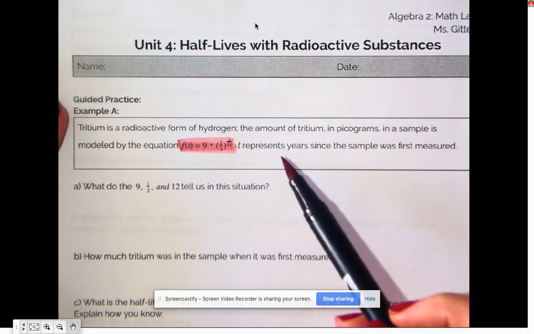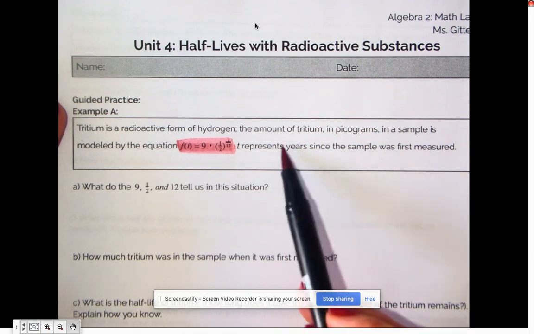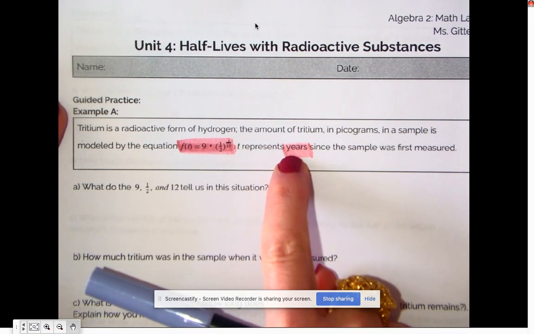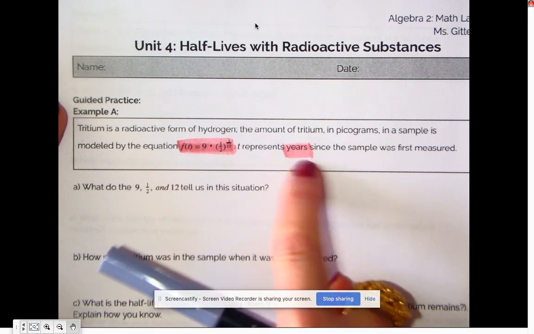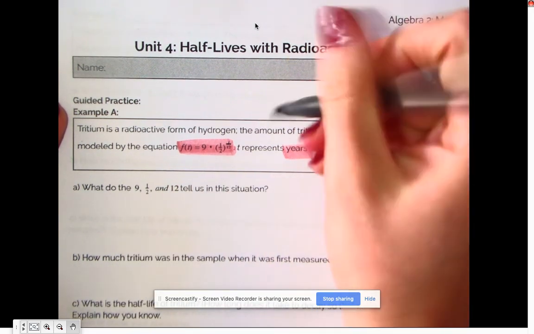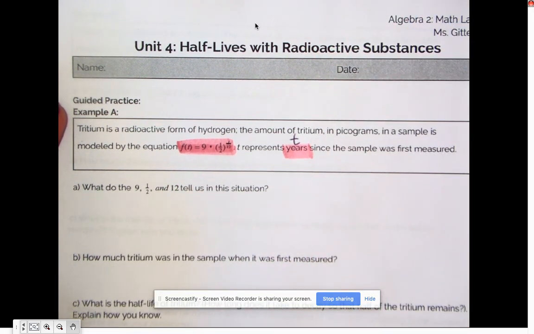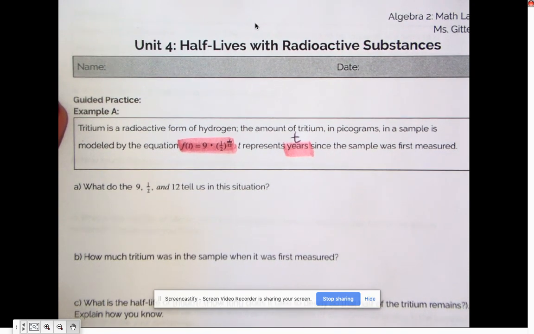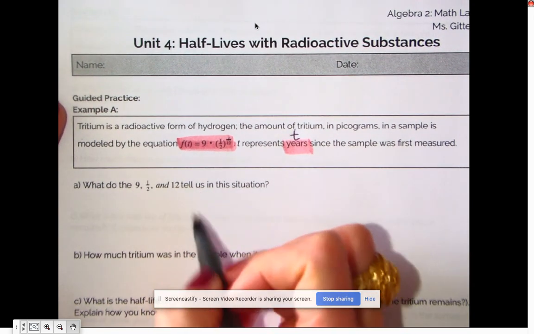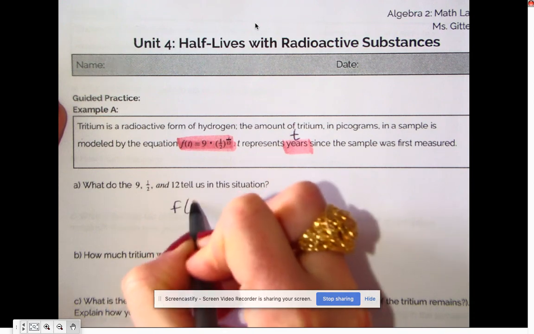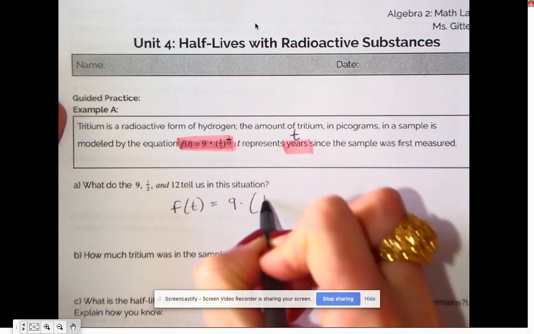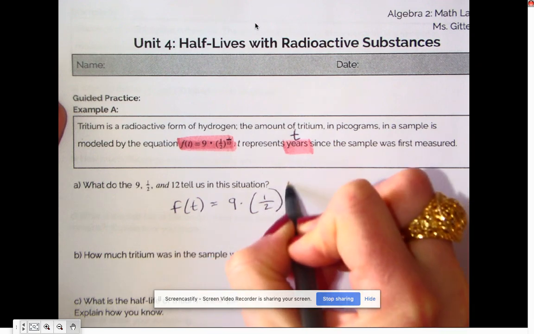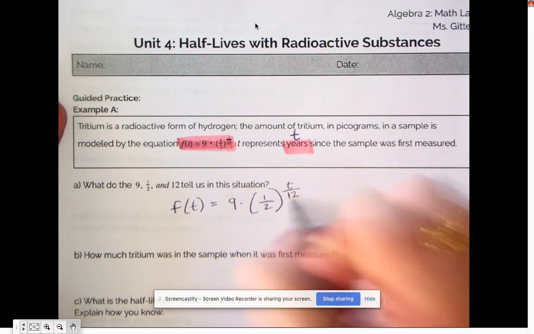T represents years since the sample was first measured. So it's always good to realize what the unit is of your input. So in this case, I'm like, okay, T represents years. Okay, so what do the 9, 1/2, and 12 tell us in this situation? I'm going to start by copying down the equation 9 times 1/2 to the power of t over 12.